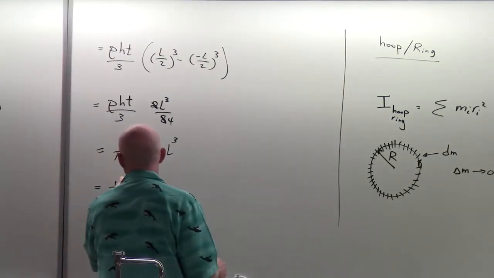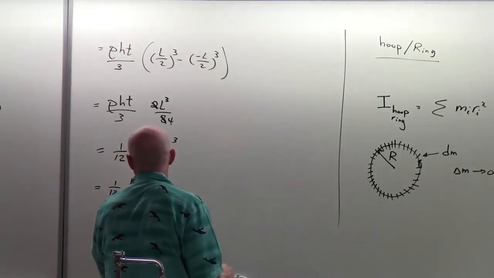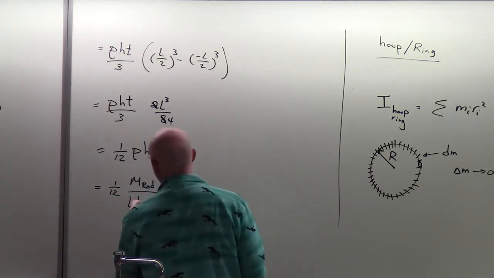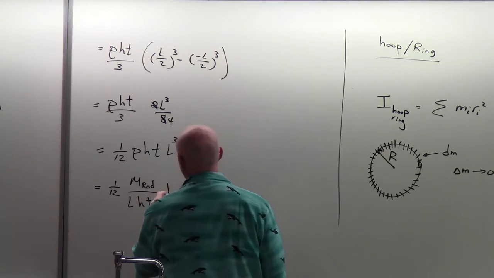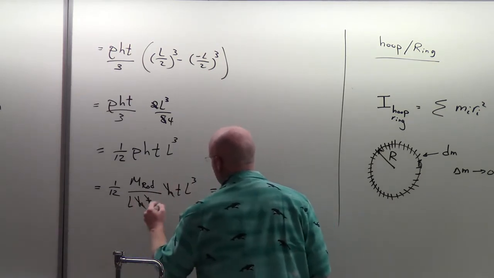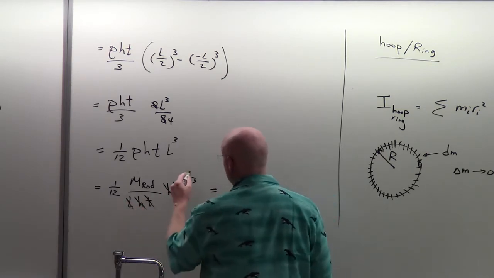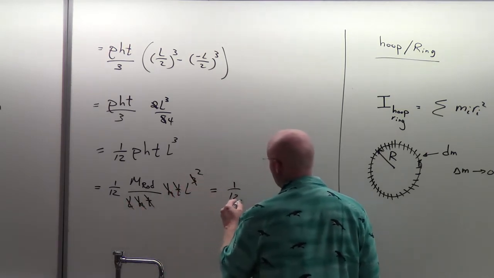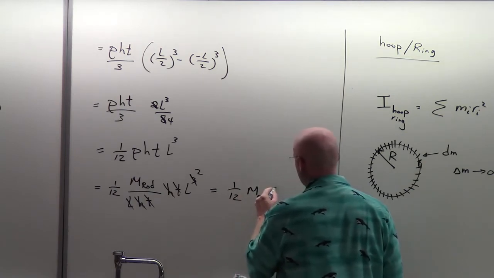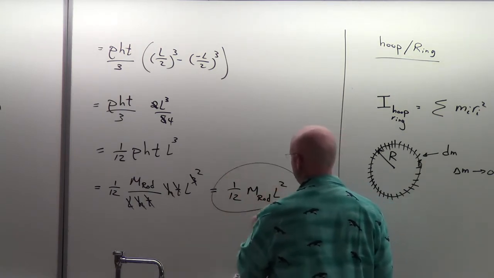The density is the mass of the rod divided by the whole length of the rod, its height and its thickness. Then I have height and thickness and L cubed. So things cancel off like height and thickness. Even one of the L's cancels off. And so when it's all said and done, I have what I was looking for here.